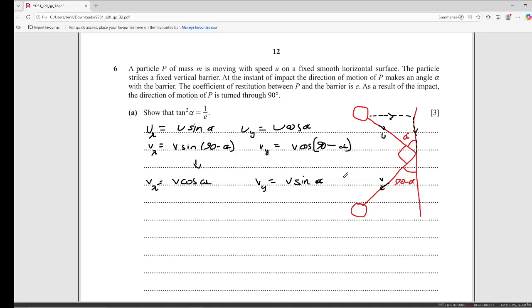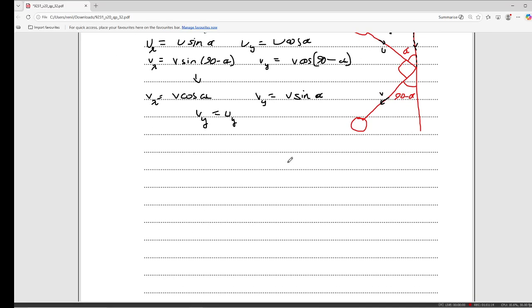Since the wall is parallel to the vertical velocity's direction, the vertical velocity does not change. This tells me that Vy equals Uy. And since it is colliding perpendicularly, the coefficient of restitution does affect the resulting motion. So that means that Vx equals E times Ux.